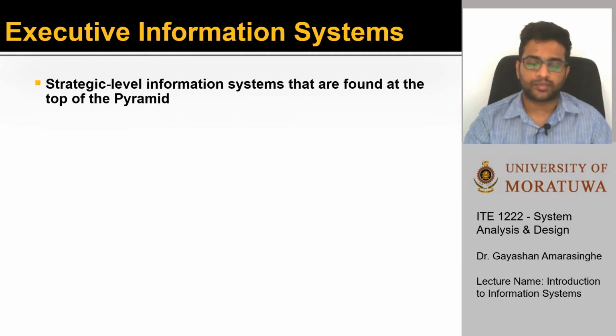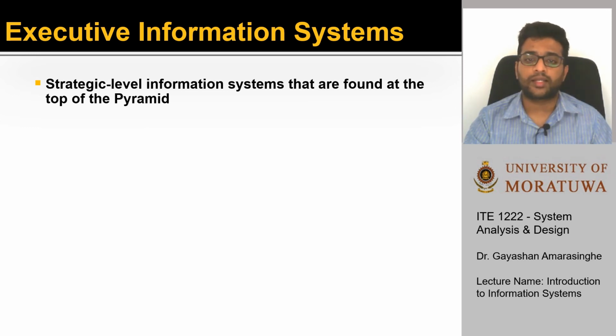Executive Information Systems, or EIS, are strategic level information systems that are found at the top of the pyramid. They encourage officials, C-level executives, and senior managers to investigate the way the organization works and to design proper plans that impact the vision of the organization. The data in executive information systems is frequently organized and originates from both internal and external sources.